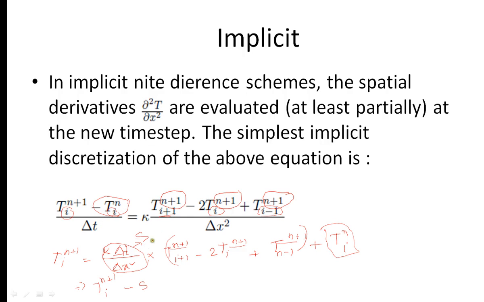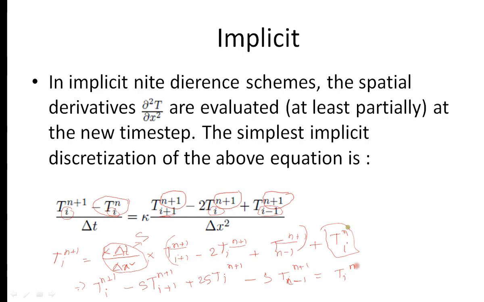So you can find this s times T_(i+1)^(n+1), plus this term should be minus, and this term also minus s T_(i-1)^(n+1), and we are left with only the i term here.